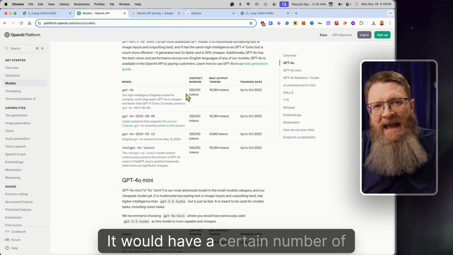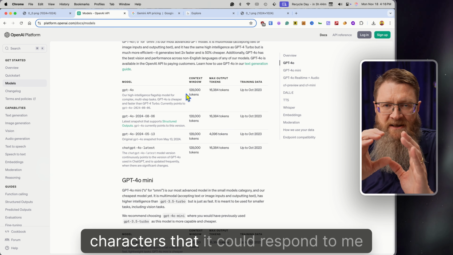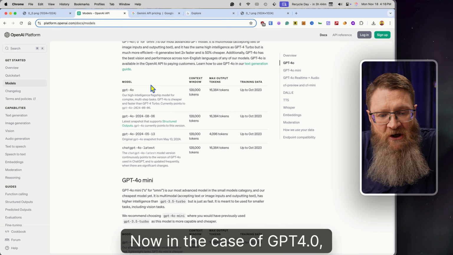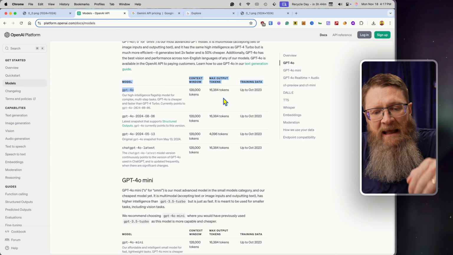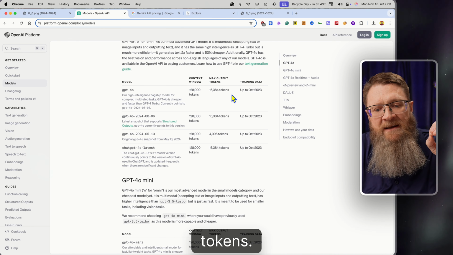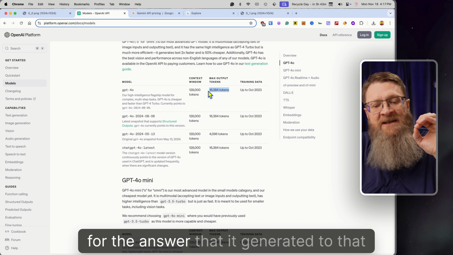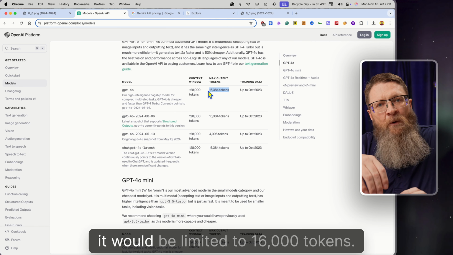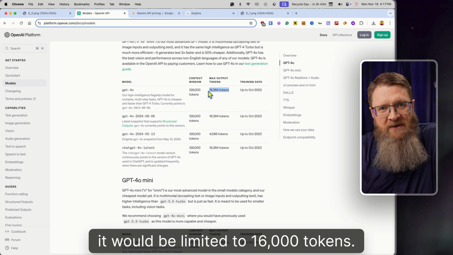It would have a certain number of characters that it could respond to me in. Now, in the case of GPT-4o, I would have a window that holds 128,000 tokens. However, for the answer that it generated to that first question, it would be limited to 16,000 tokens.